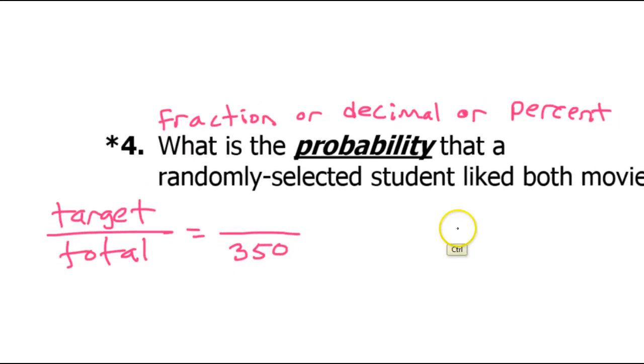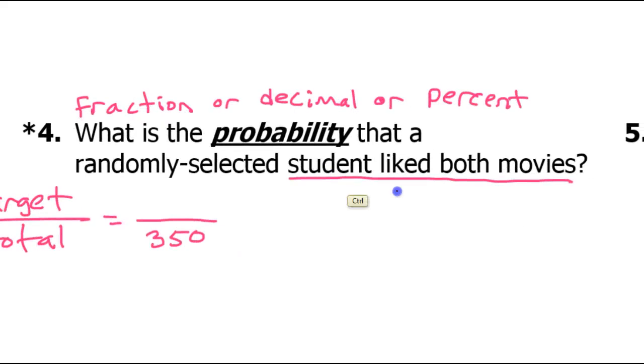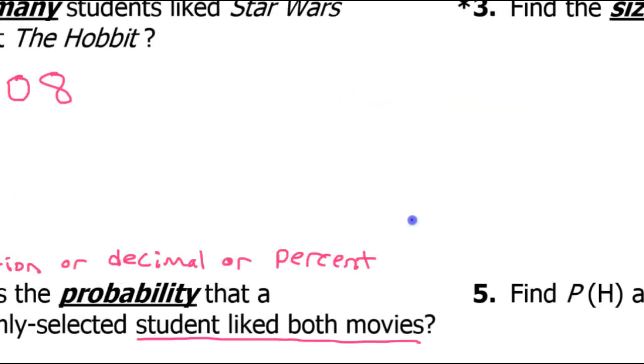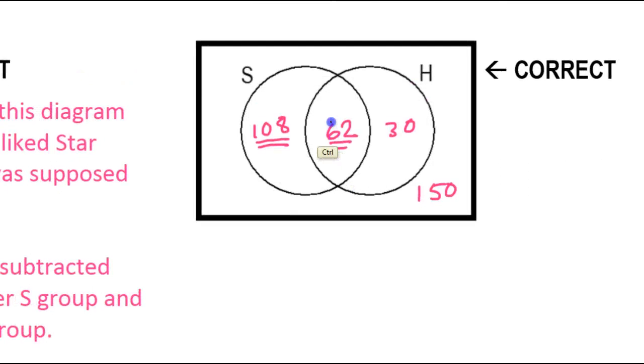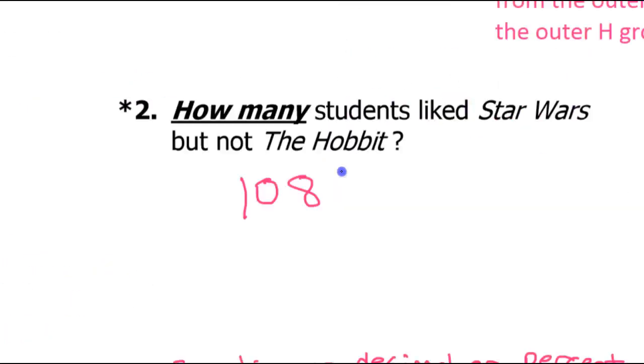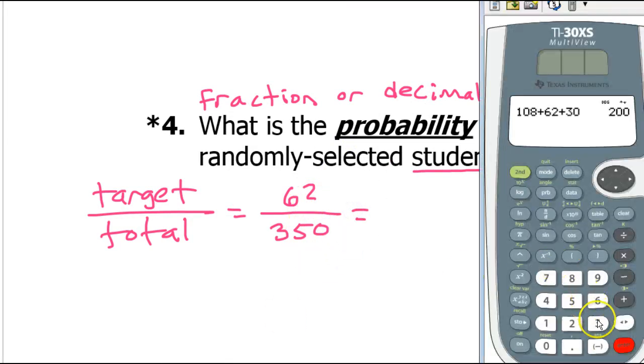So the target is students who liked both movies. All right, the number of students who liked both movies. So we already said that that was going to be 62. All right, 62 students liked both movies. So target over total, that's 62 over 350. Okay, so that's a fraction. We could reduce it, 62 over 350.